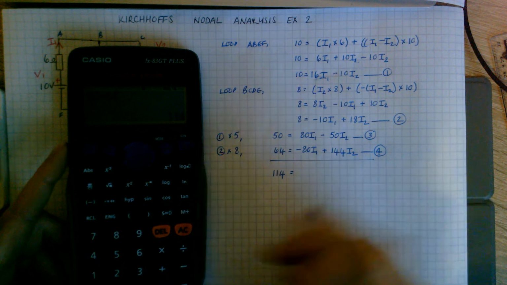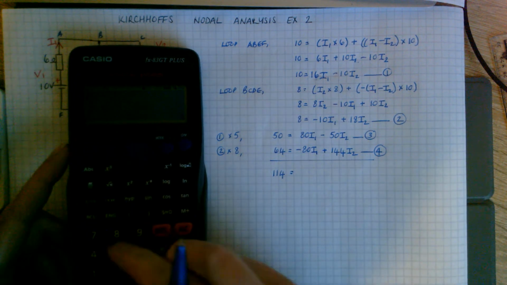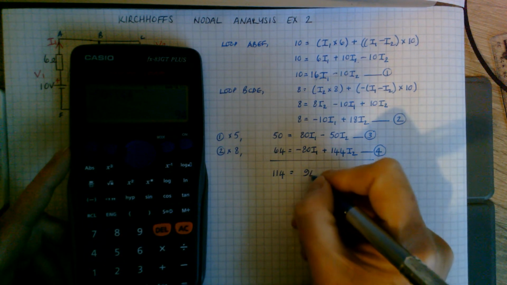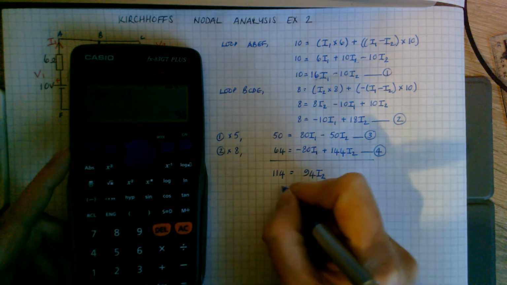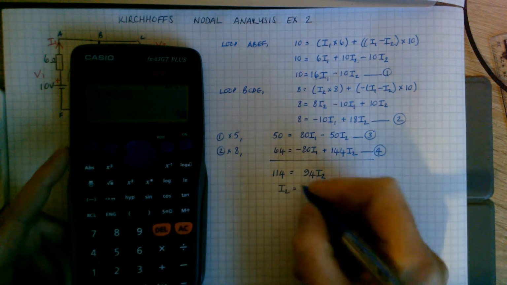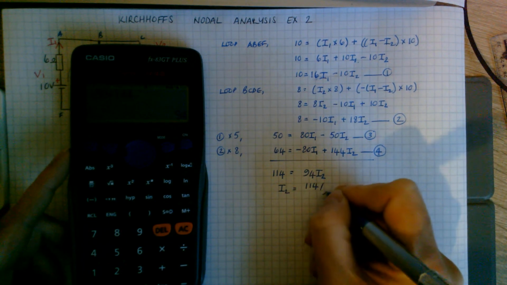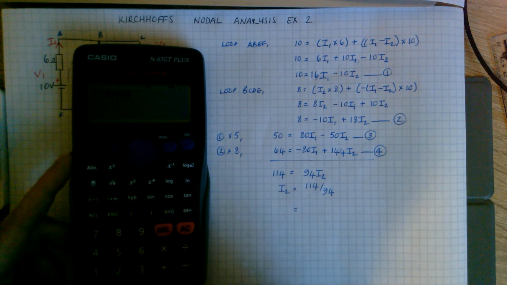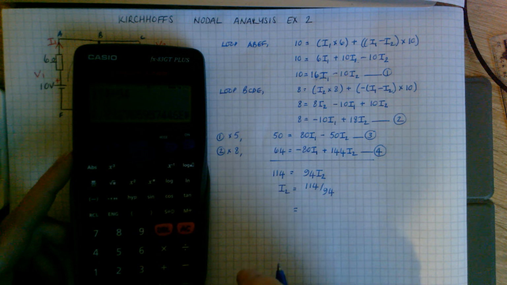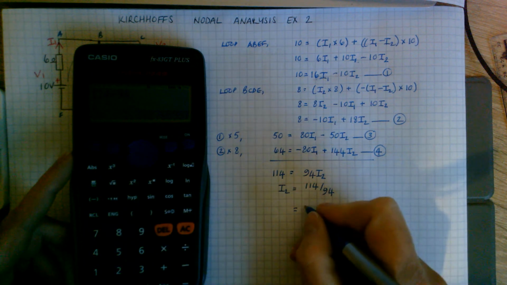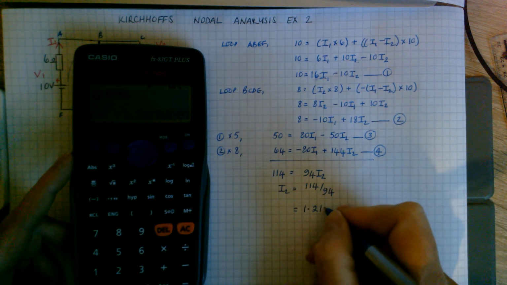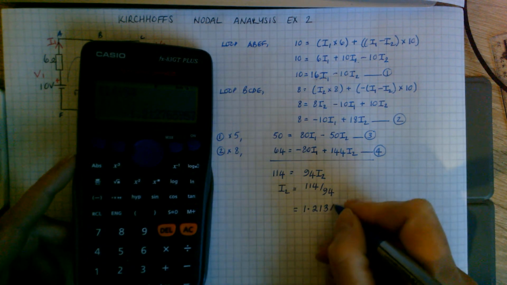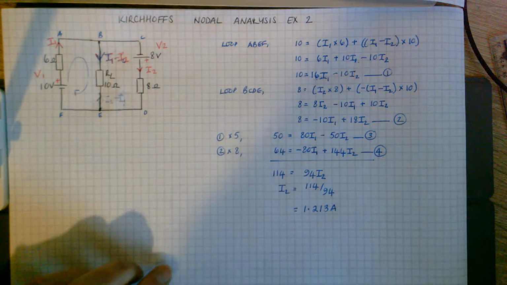Then negative 50 plus 144 gets me 94. So my I2 is going to be that 114 divided by 94. And I'll round that to 1.213. And that's my value for I2.